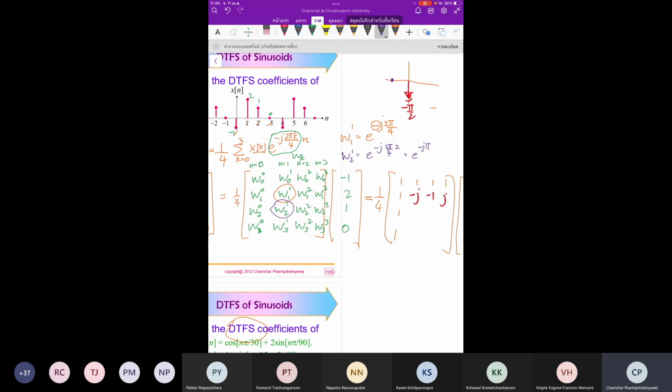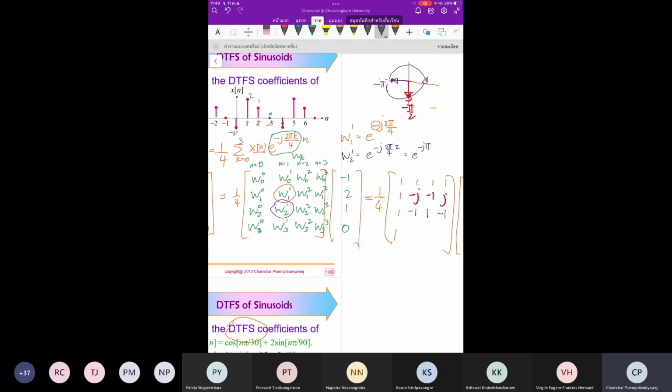Negative j pi is here, right? Negative pi is here. So it's negative 1. And then you square it, you got 1, and negative 1. Okay, so it's alternating between this and that.